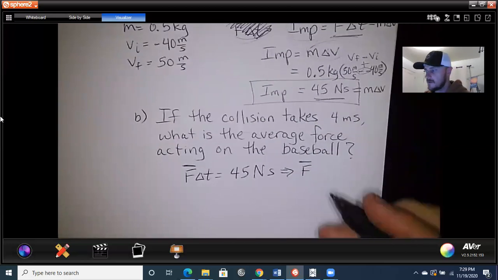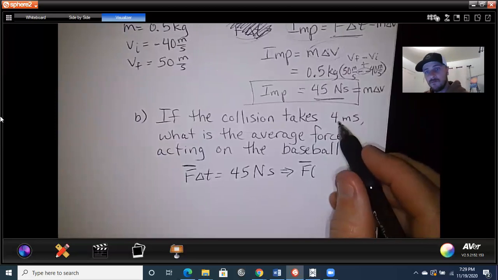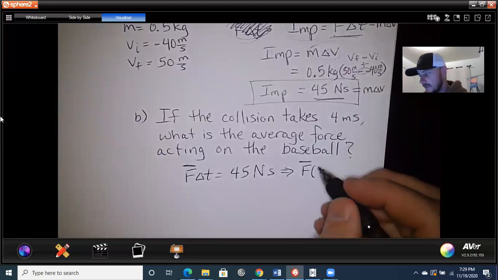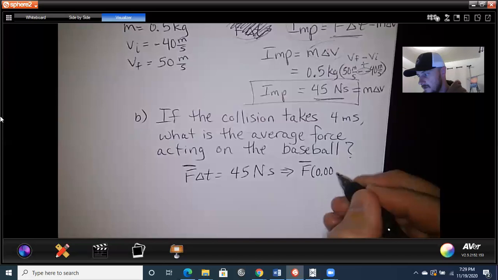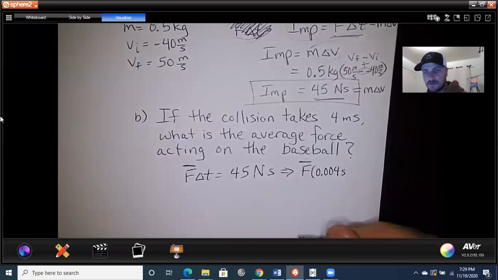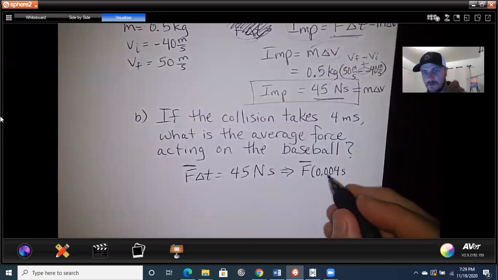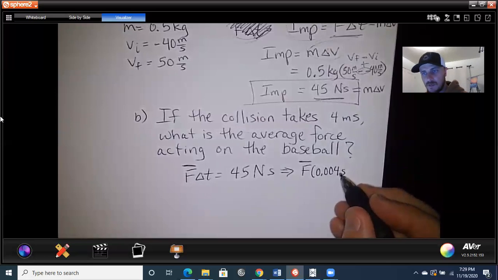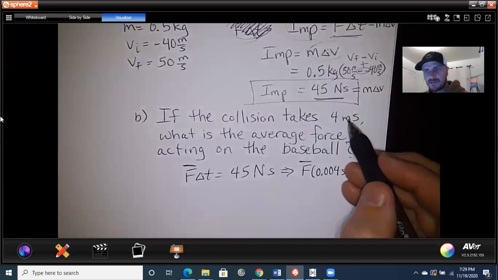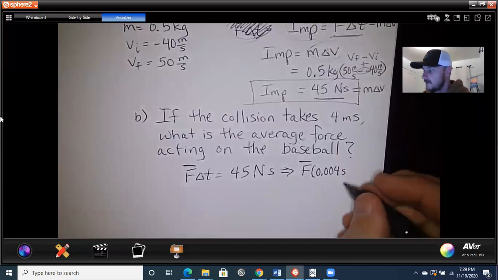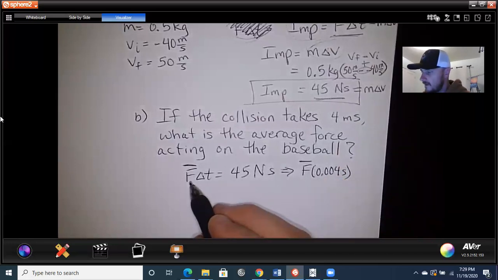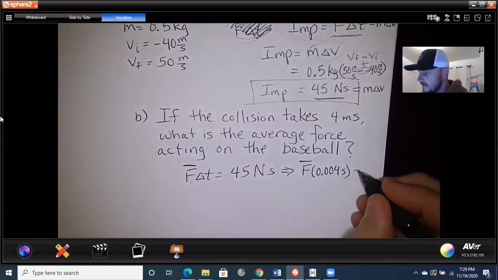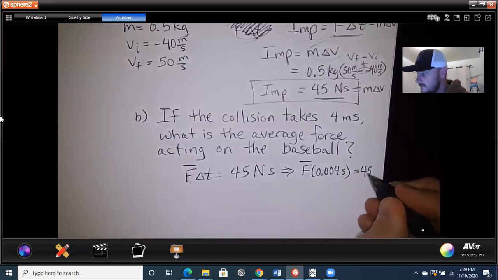Average force times, this is really important, you don't miss this, 4 milliseconds is 0.004 seconds. Just like that. 1, 2, 3. Right? This is the thousandths place. Milli means 1,000th. So F times 0.004 seconds equals 45 Newton seconds.